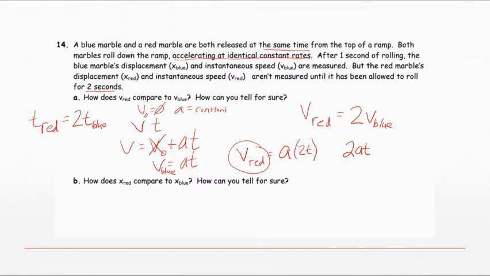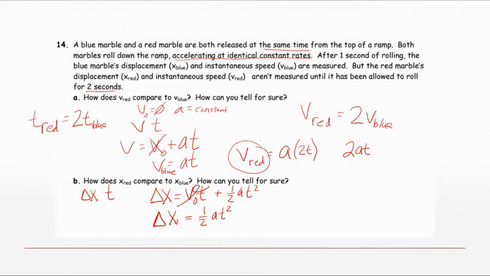Okay. How does x red compare to x blue? Well, in this case, I'm looking at change in x and time, and how are they related? I also know that my v initial is 0, so I'm going to use this equation: change in x equals v initial t plus 1/2 a t squared. V initial cancels. So now we're looking at how x compares if I double time, and we've actually already answered this question.